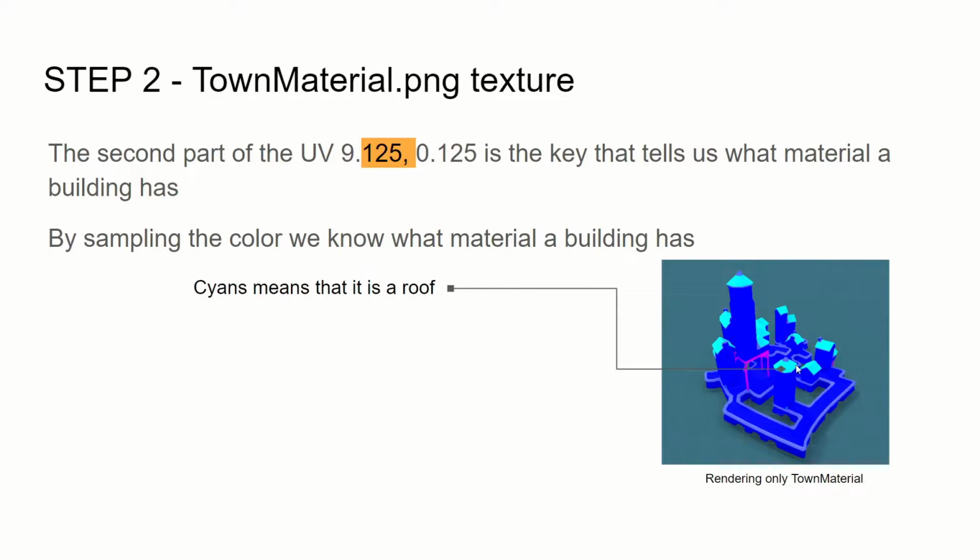So this cyan color means that it's a roof. Then we have the blue, which means that it's a regular wall. Then we have some other colors like this in between, and there are additional colors as well that are sort of hard to see here. We have a bit of a pink here. So all of these colors mean different things when we are rendering the final image.